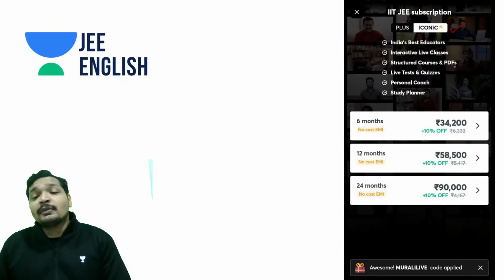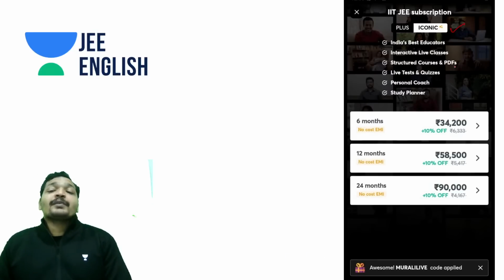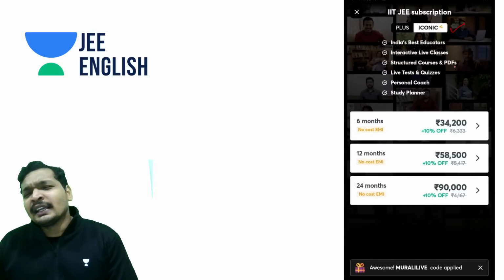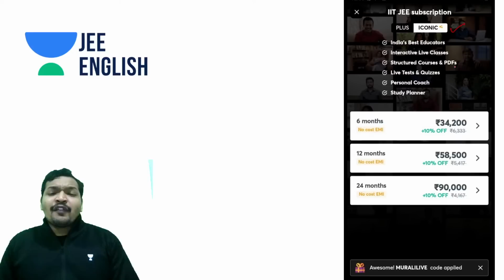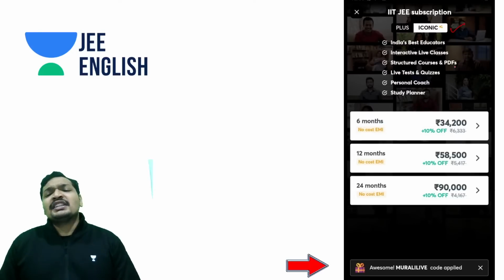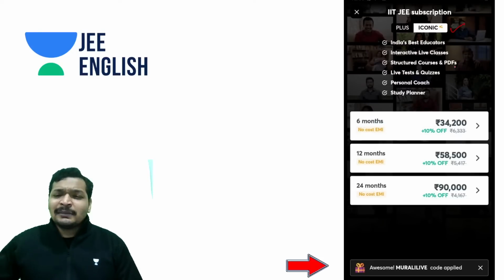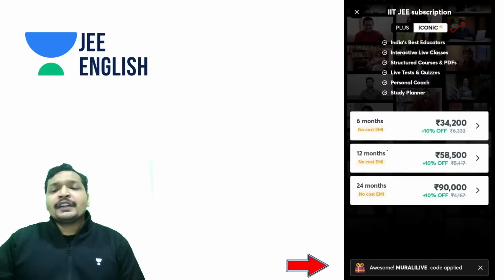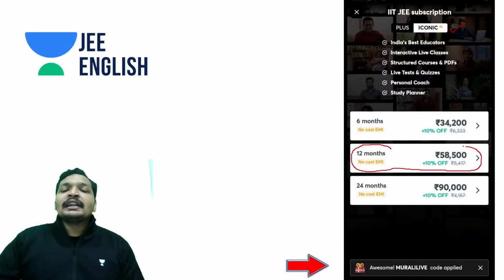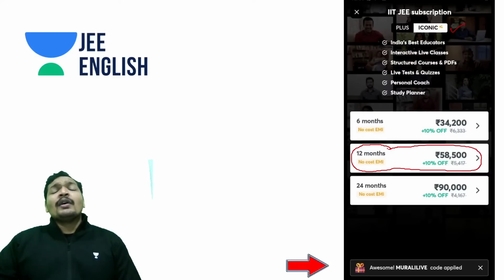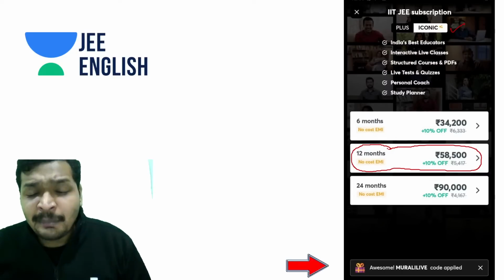So think about it, you'll be getting expert guidelines, dedicated strategy sessions for your JEE preparation, motivational sessions, and many more things like a study planner, at a price of 58,500. IITians and NITians, who have previously gone through this journey, guiding you through this process is going to be amazing for you.